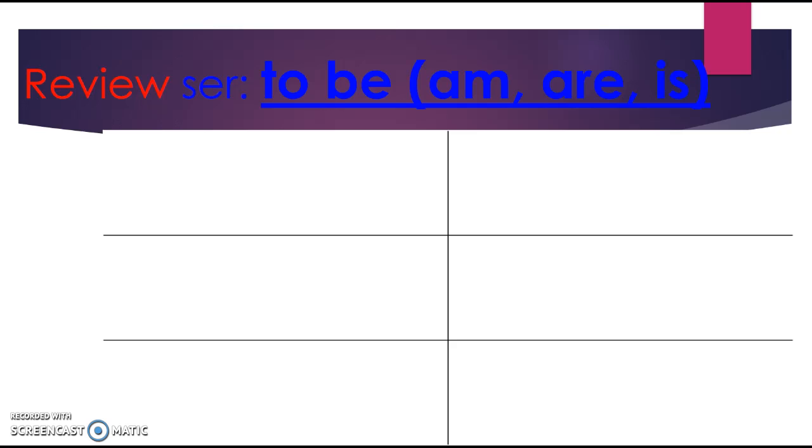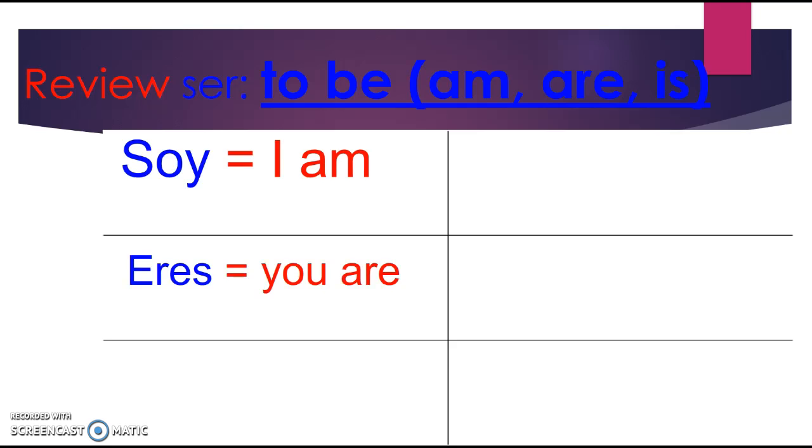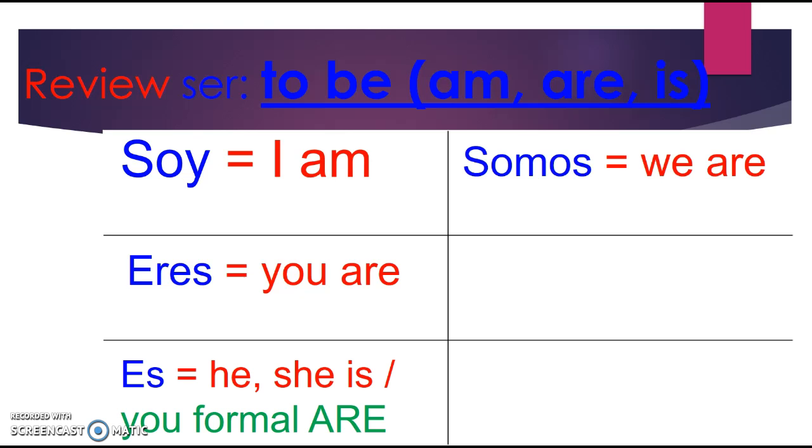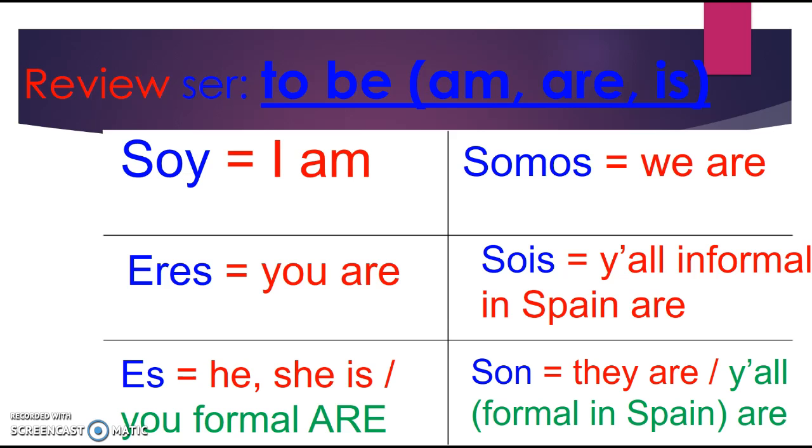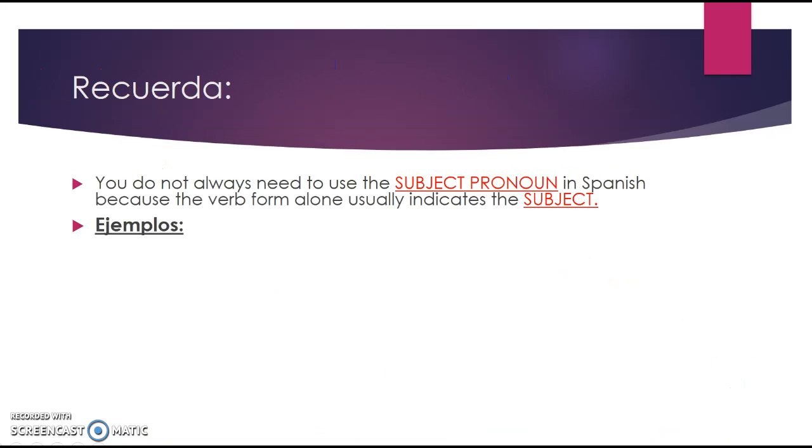Ser en la forma yo es soy, I am. Tú eres, él, ella, usted es. Nosotros somos, vosotros sois, ellos, ellas, ustedes son. So these are all the different forms of ser. So whoever I'm talking about, the verb conjugation will change so that I can identify the subject very easily.